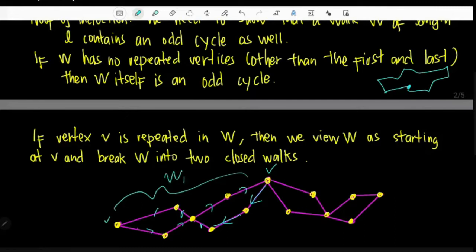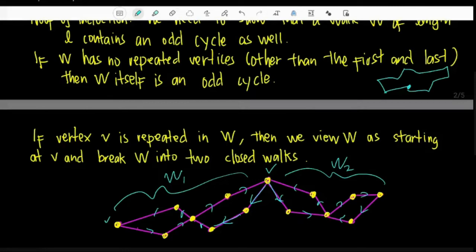And then you continue the other part of your walk, let's say this part right here. And this is another walk. So if there's a common vertex, you can split your walk into two different closed walks, walk 1 and walk 2. Now, both of these are closed walks, and each of them is shorter than the original walk, right? Because you split the original walk into two.